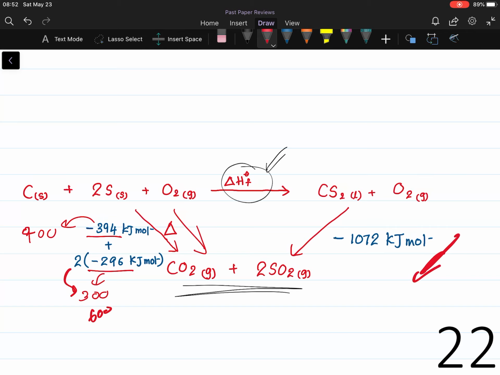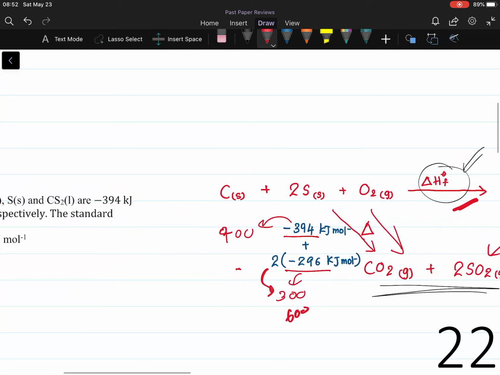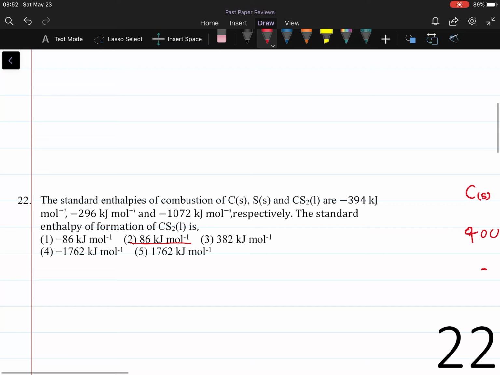And this side we have the enthalpy of formation, and then -1072. In the calculation, -1072 moves on to the other side, making it +1072. And when you simplify that, you get +72. If you look at the answers, there is no +72, but what is the closest answer to 72? It's 86. So we have answer number 2 again, +86.